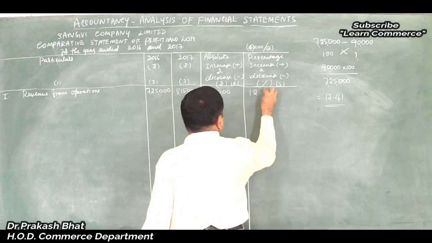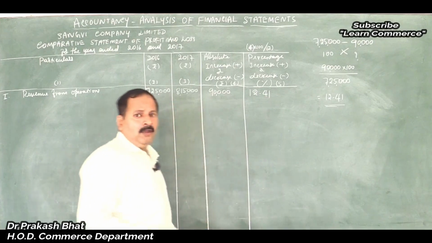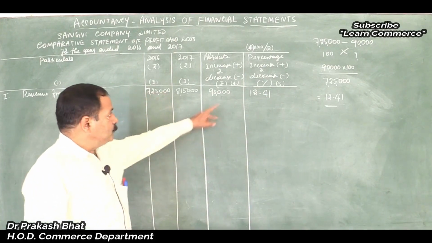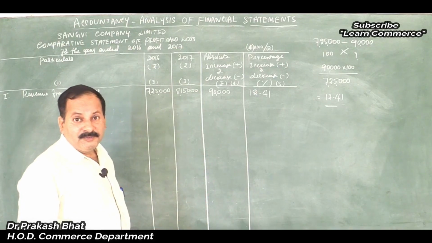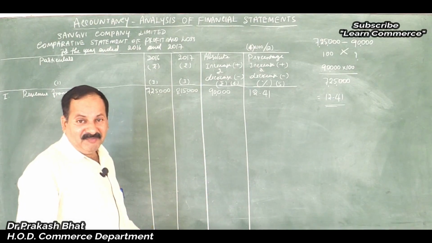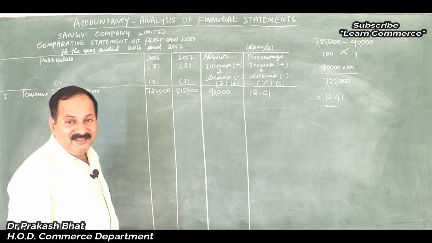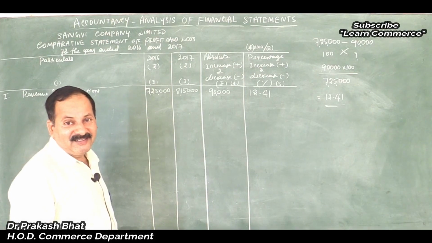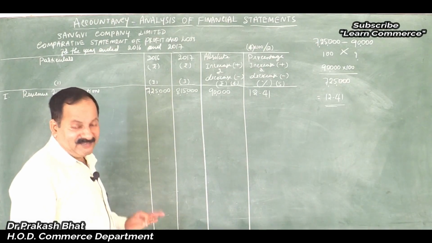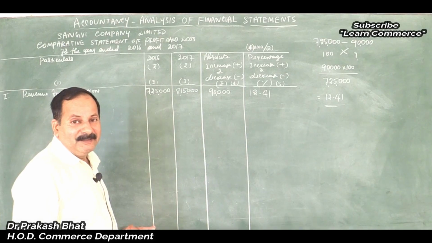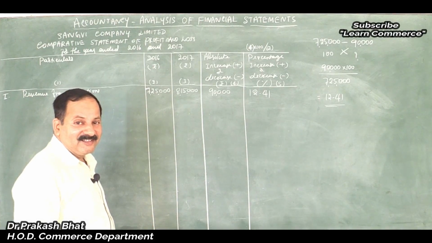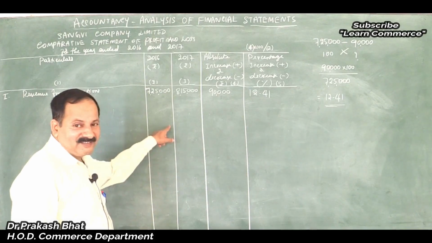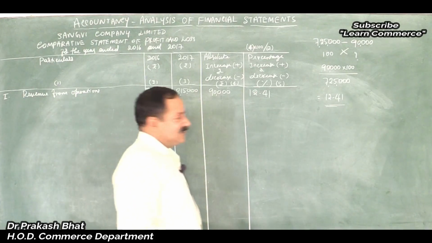That's all, friends. For all the items, you have to do like this. Your comparative statement is done. Within, I think, 6 to 7 minutes, you can solve this problem, and easily you can score 12. So easy it is. Just imagine the not-for-profit organization, how it was, how this is. There's a difference.